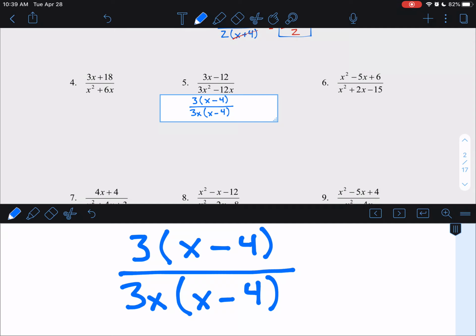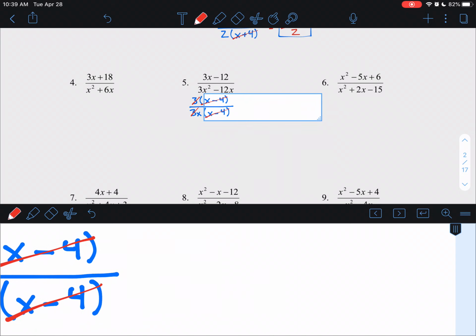So now, hopefully, we see some things that can cancel out. And there's more than one thing here, because we have x minus 4 being canceled out, so we can get rid of that. And the 3's cancel out. So all I'm left with is that x in the denominator.